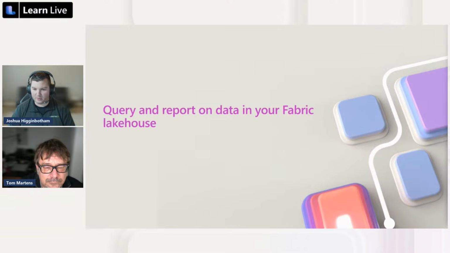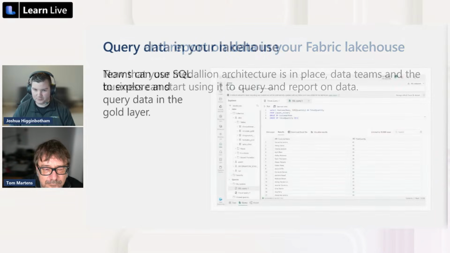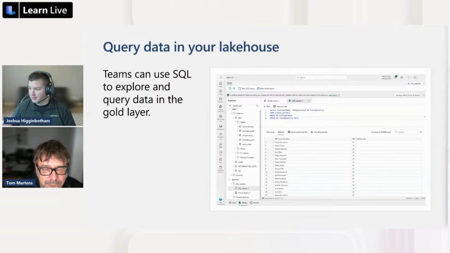Next, we're going to cover query and report on data in your favorite Fabric lakehouse. So you have data within your lakehouse that you need to be able to access. There's a couple ways that you can gain access to this. That includes things like the SQL endpoint or the DirectLake mode in Power BI. This is all going to depend on what your team is skilled in.